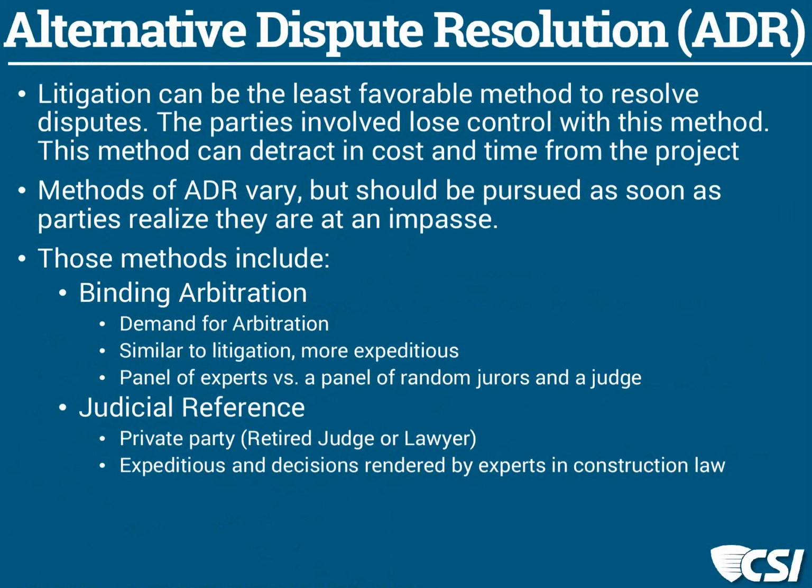Another method is judicial reference, where a retired judge or an attorney who may be familiar with the construction and design industry is sought out and seated for an expeditious decision process, where they make a decision once the evidence is presented to them. And we'll look at these as we move through the various resolution methods.